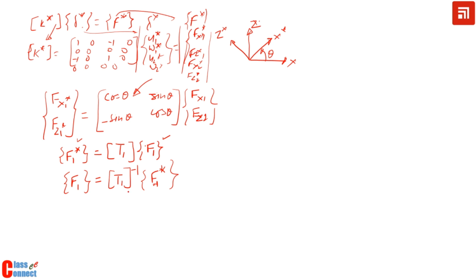The inverse of this, as I just told you, will be equal to the transpose of this, because the transformation matrices are orthogonal, and the inverse of an orthogonal matrix is equal to its transpose. So now I can write F1 will be equal to the transpose of this, which is cos theta, minus sine theta, sine theta, cos theta.